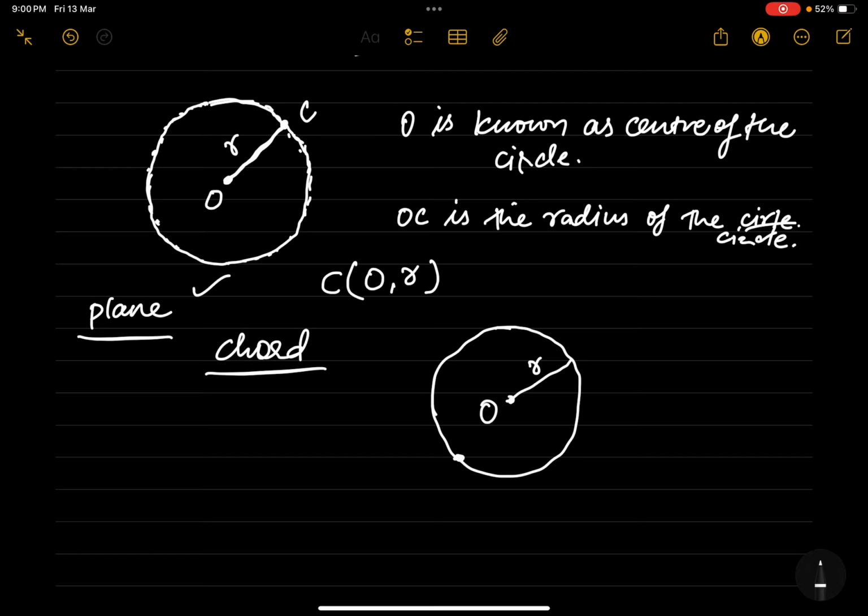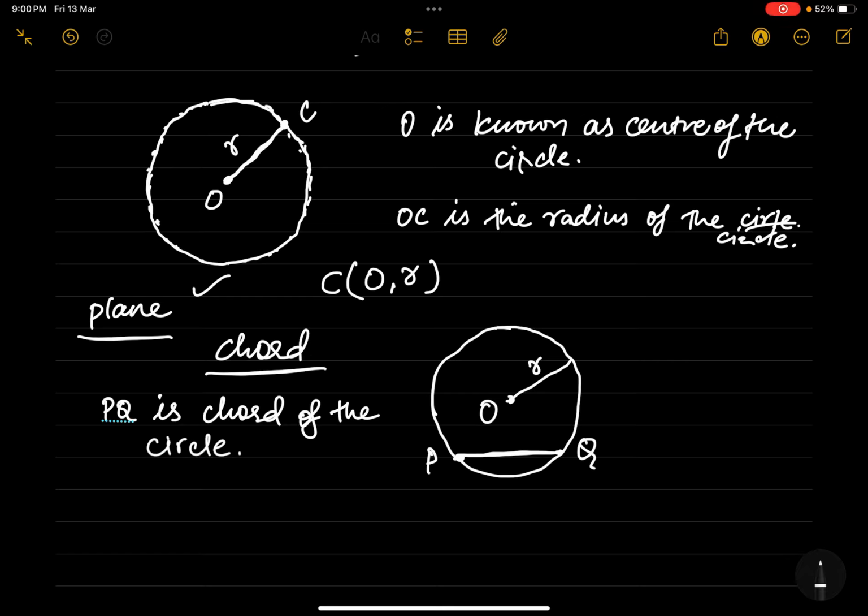Suppose this is a point P and this is point Q. When we join any 2 points of the circle, we get a line segment PQ, and this line segment PQ is known as a chord of the circle.